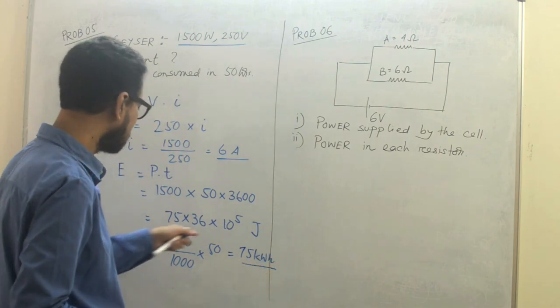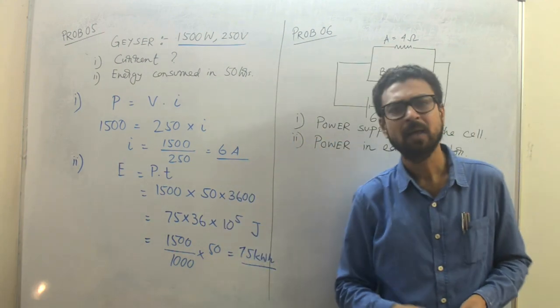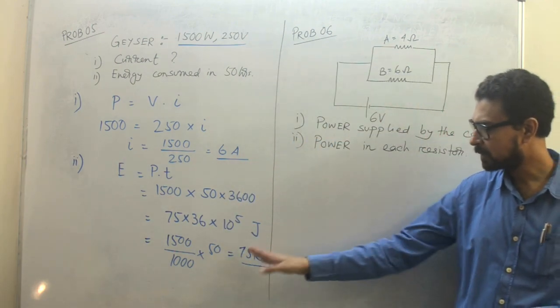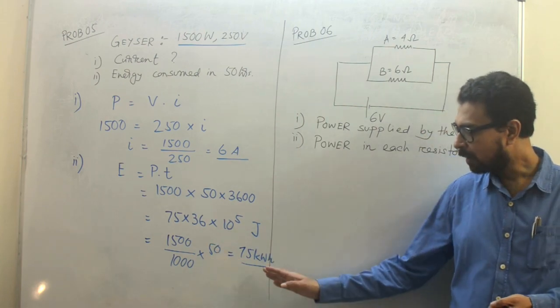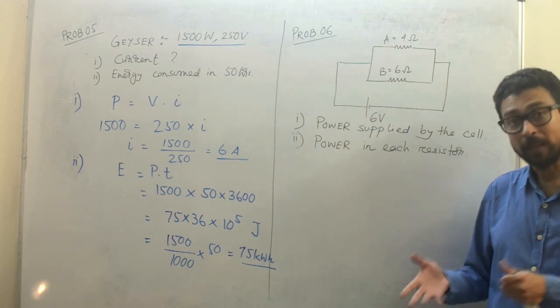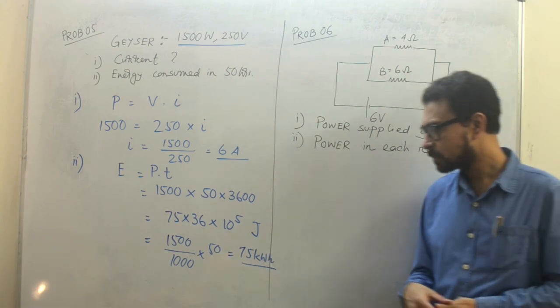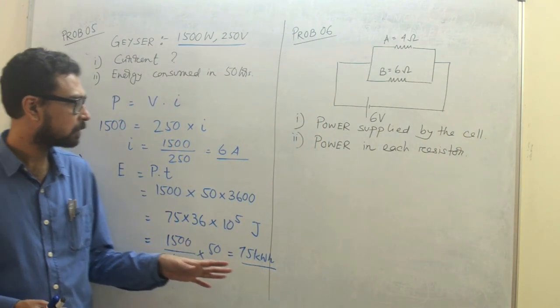So this will be the answer. The joule value can also be an answer, but that involves a lot of calculation. But in ICSE we can express the energy in kilowatt hour as well. So this is what we have here in this particular situation.